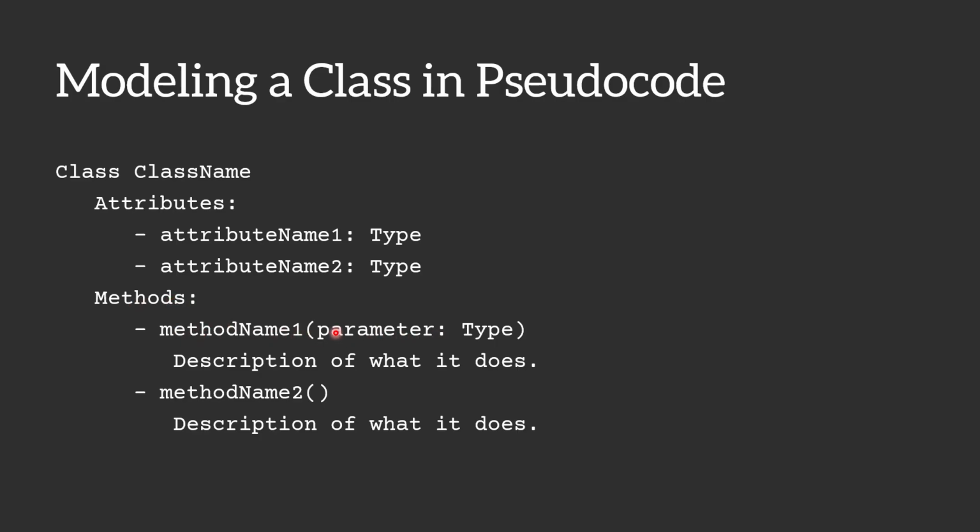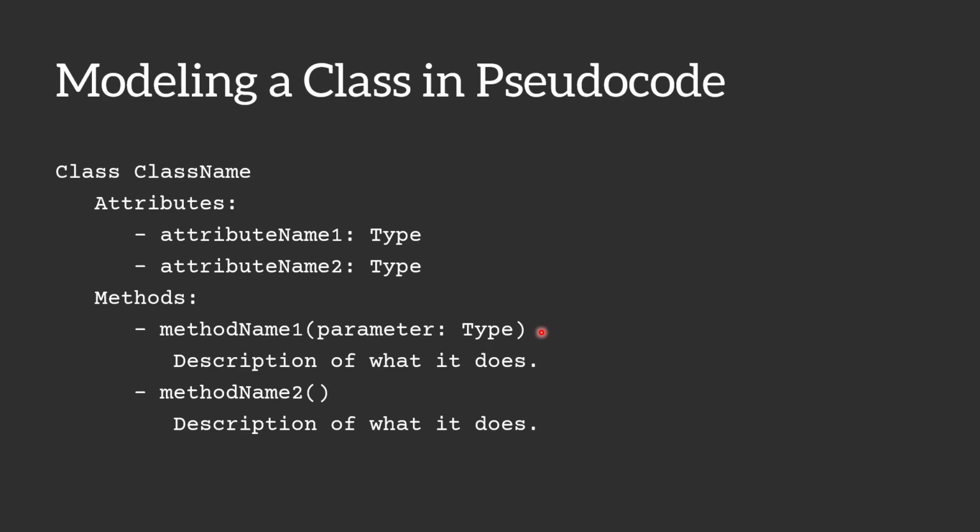If there's a parameter needed for that method, you'll have the parameter and then what data type that parameter is. Underneath, you'll describe what this method does. You'll just keep listing those for the different methods. So this is the structured way that we describe a class in pseudocode.